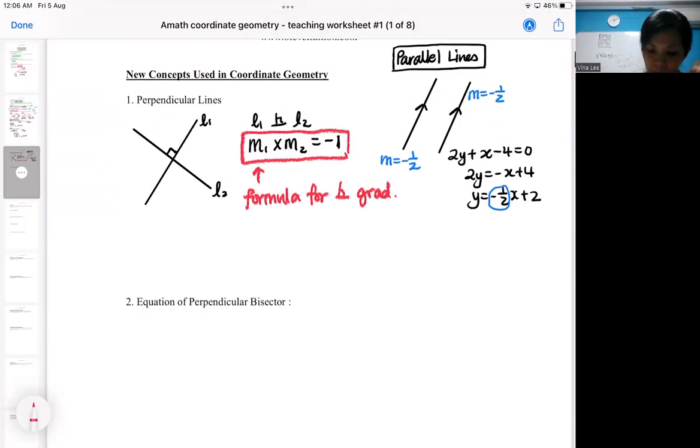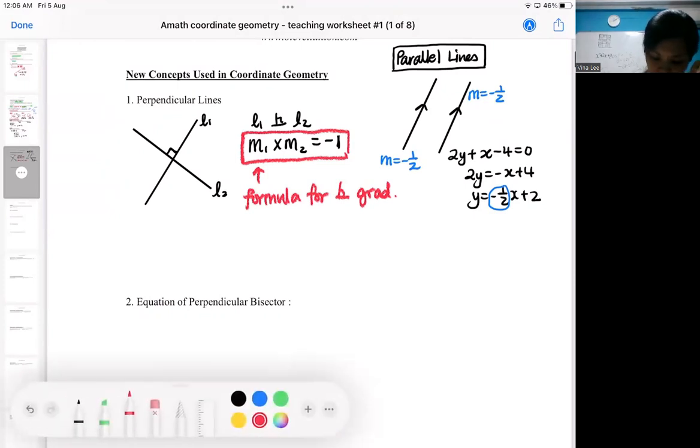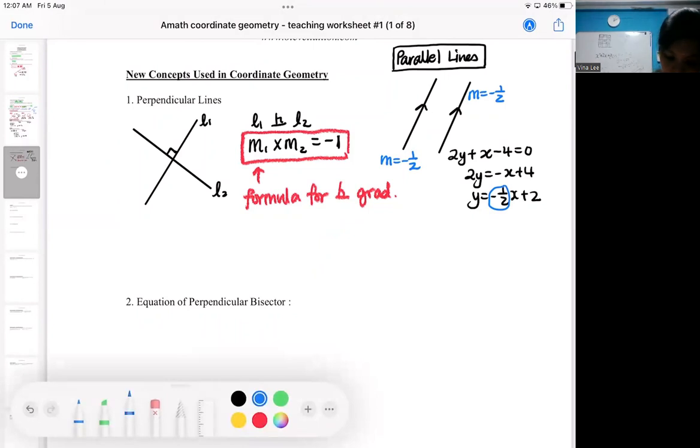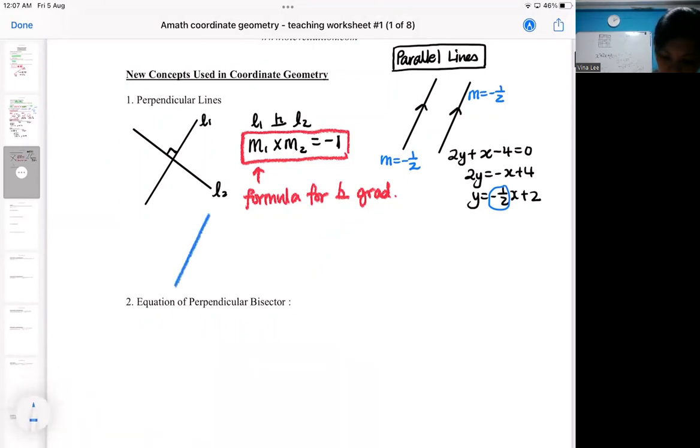Maybe I use the same example like just now. Let's say I give you a numerical example. Maybe I change the equation. Okay, so these two are perpendicular.